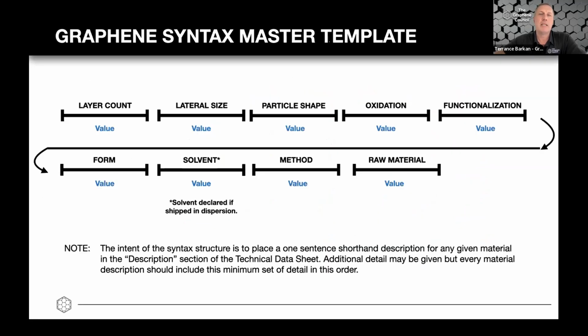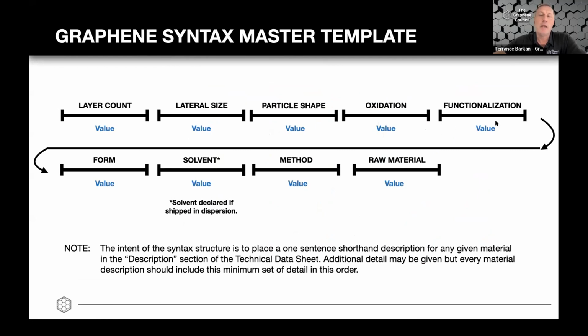So that's the complexity that we're trying to codify with this classification framework. And then here, I just want to give an example of the syntax. So for example, we talk about layer count, lateral size, particle shape, oxidation, whether it's oxidized or not, whether it's functionalized or not.